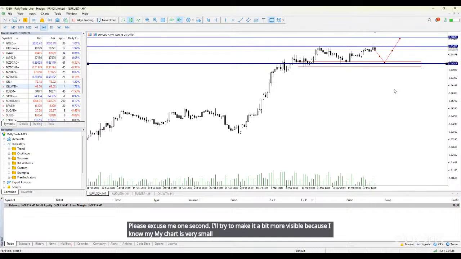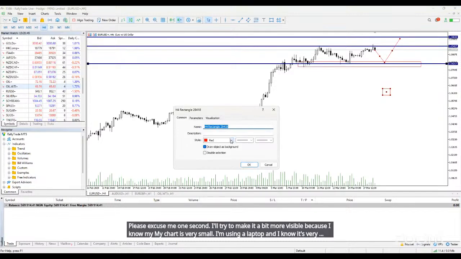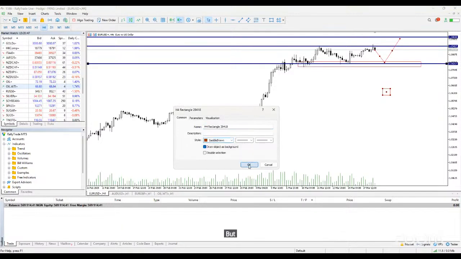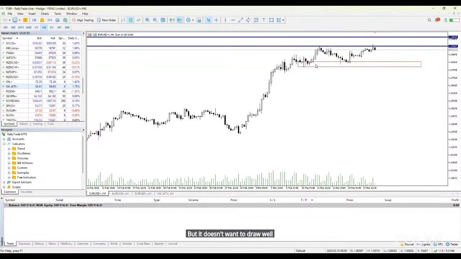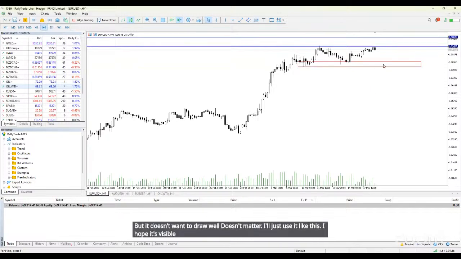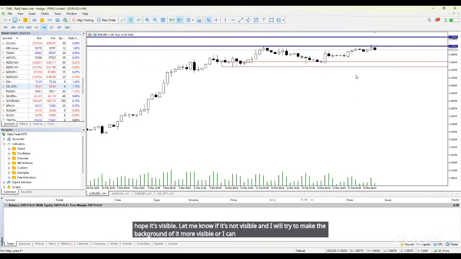I'm using a laptop and I know it's very small, but it doesn't want to draw. Well, doesn't matter. I'll just use it like this. I hope it's visible. Let me know if it's not visible, and I will try to make the background of it more visible, or I can actually zoom in a bit.